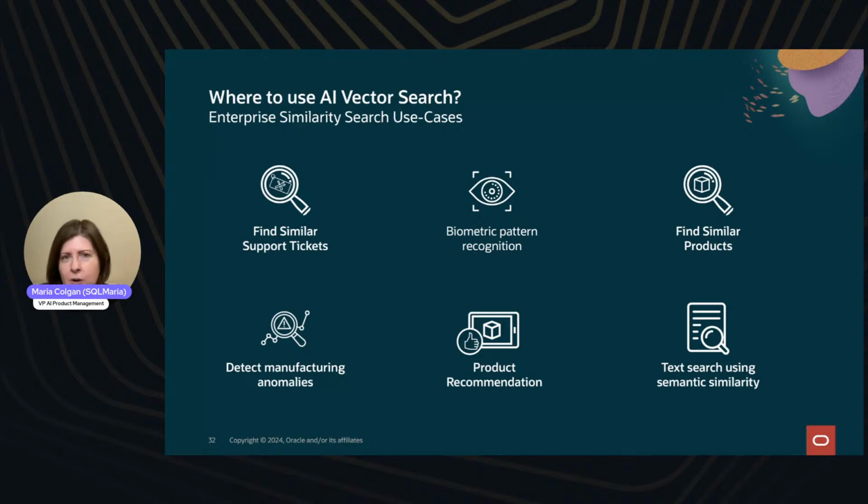It's also very powerful for anomaly detection, finding the bad egg or apple in a basket full of apples. We're seeing it being used by manufacturers, right? As the products are coming down the assembly line, they're photographed from all different angles, and those photographs are compared to the perfect product.